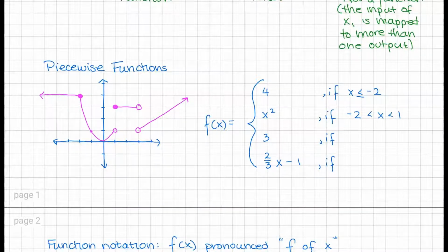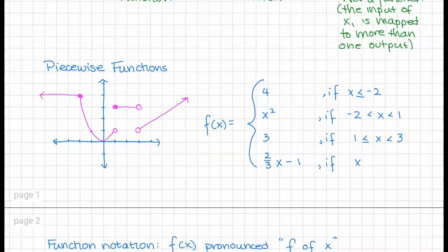So then, if we get to the other horizontal line, that one is on the x-axis between 1 and 3. So, between 1 and 3, and we include the 1. And the last part is where x is greater than 3.